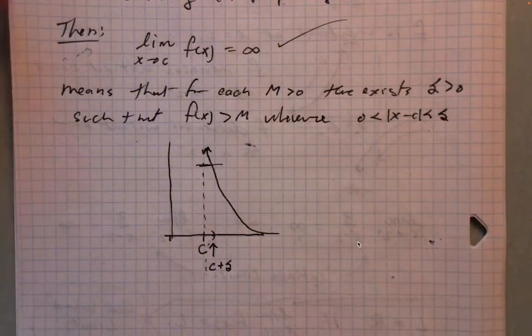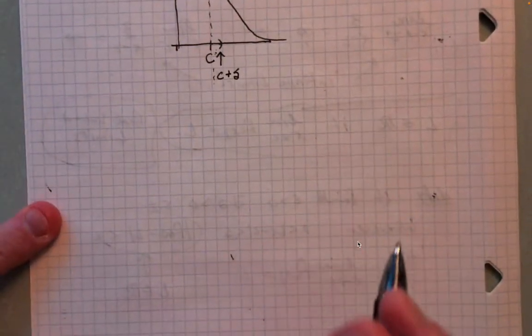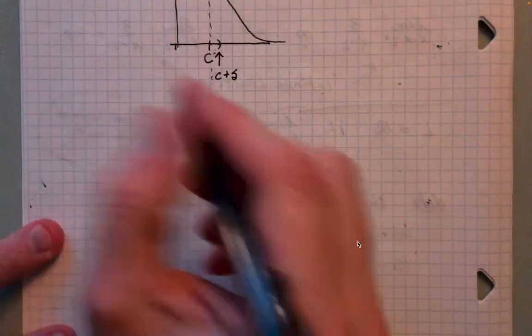Now, similarly, but flipped, is the idea of the function having a limit at negative infinity.